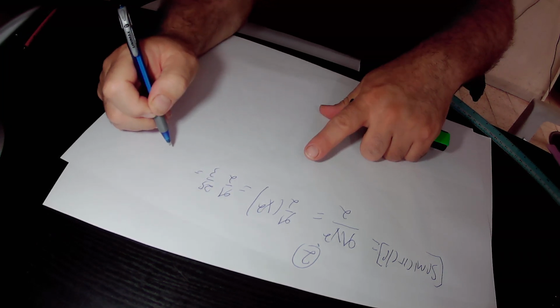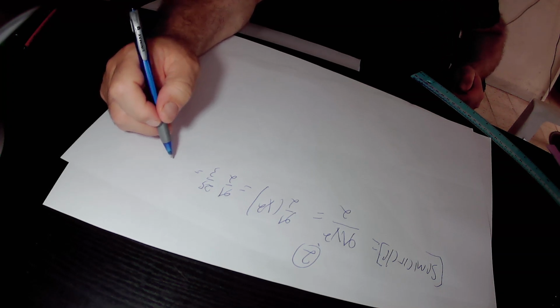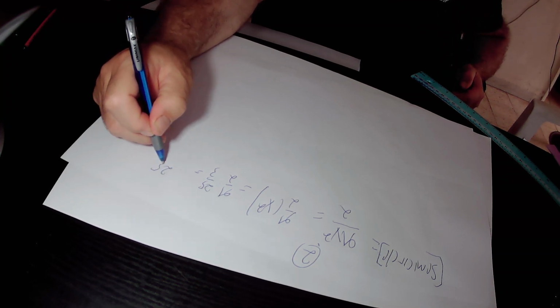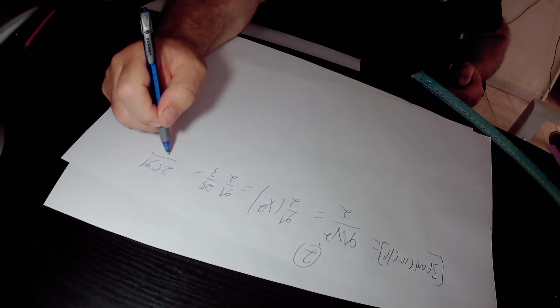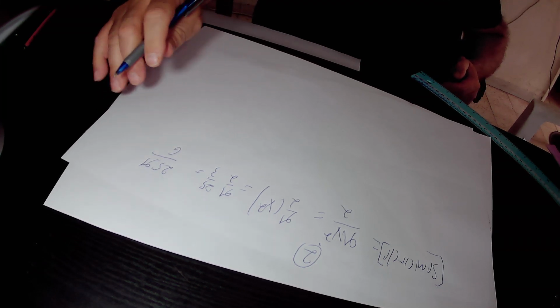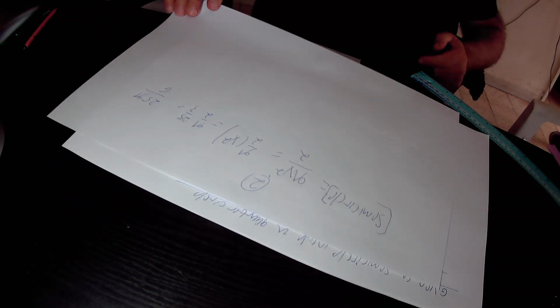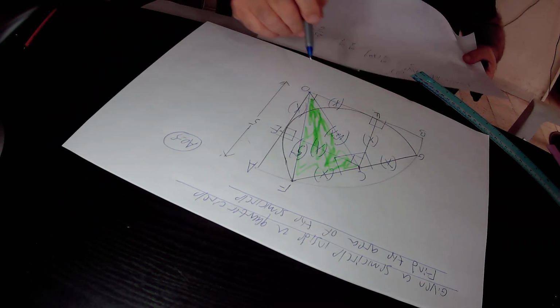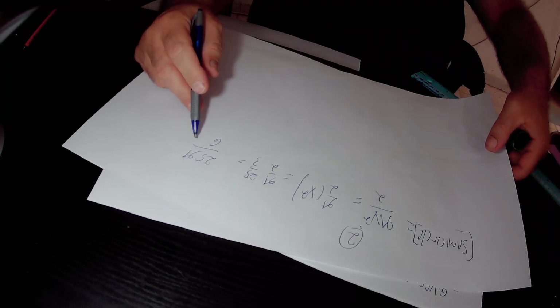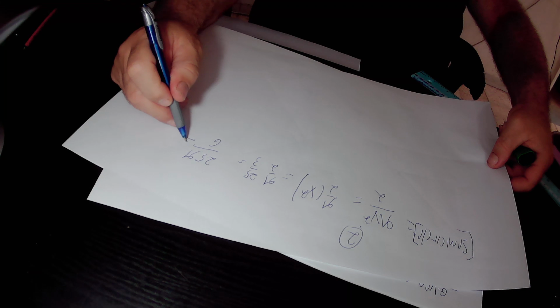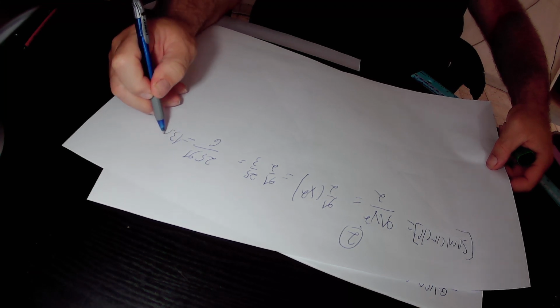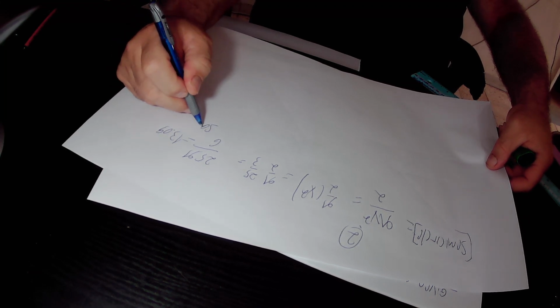So in total, the area of the semicircle will be equal to 25 pi over 2 times 3. 2 times 3 is 6. So the area of this semicircle equals either 25 pi over 6 square units, or in terms of numbers, 13.09 square units.